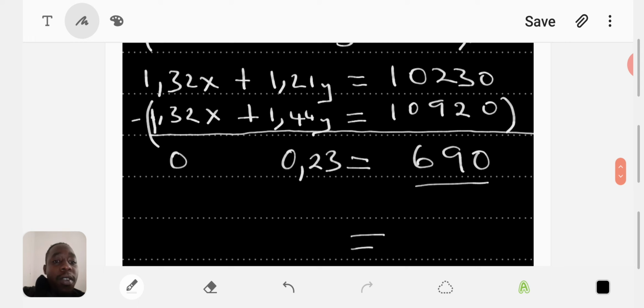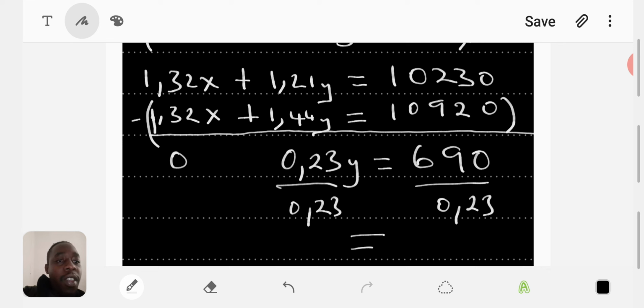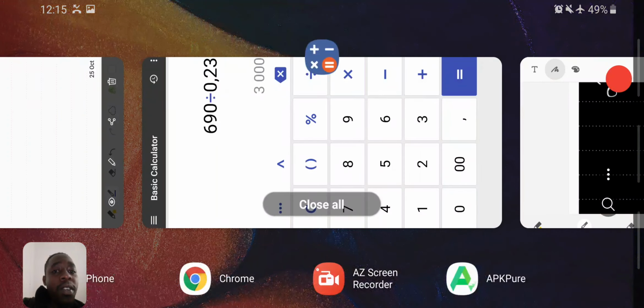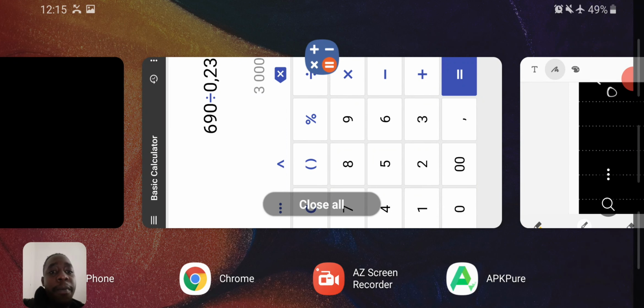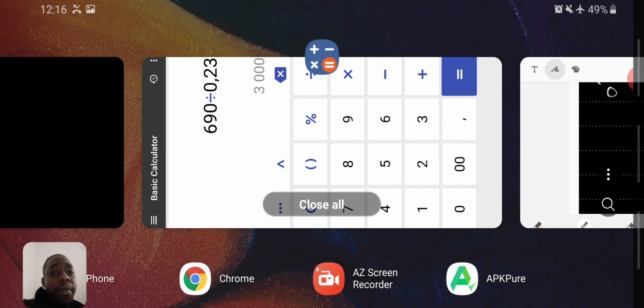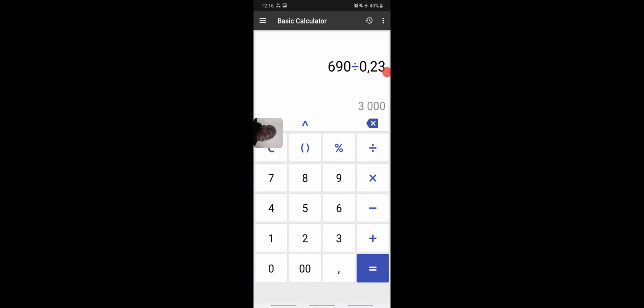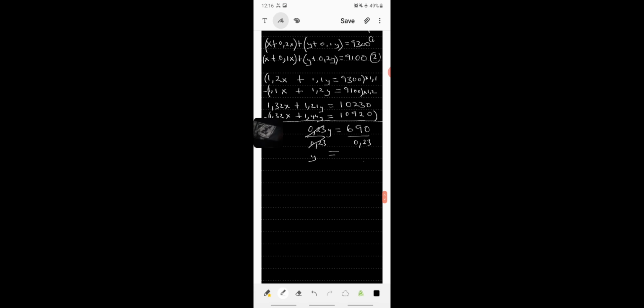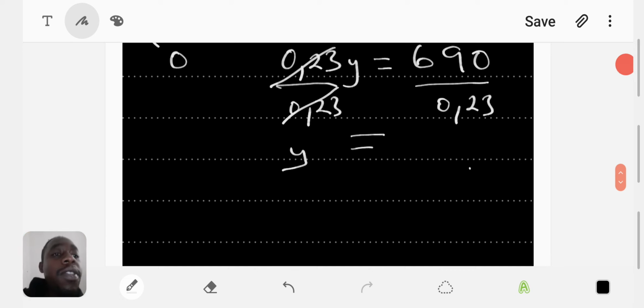So 0.23y equals 690, therefore this cancels out, and our y will be equal to 3,000. Okay, so y is 3,000.